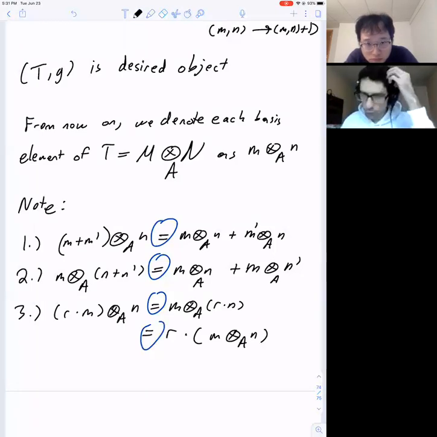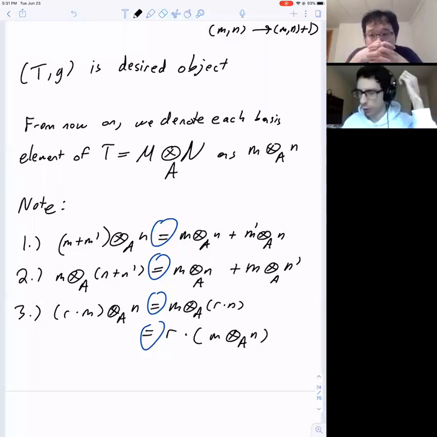So moving on, there's one last thing that I'd like to say before we get into some questions, which is that the tensor product also has an application in linear algebra.